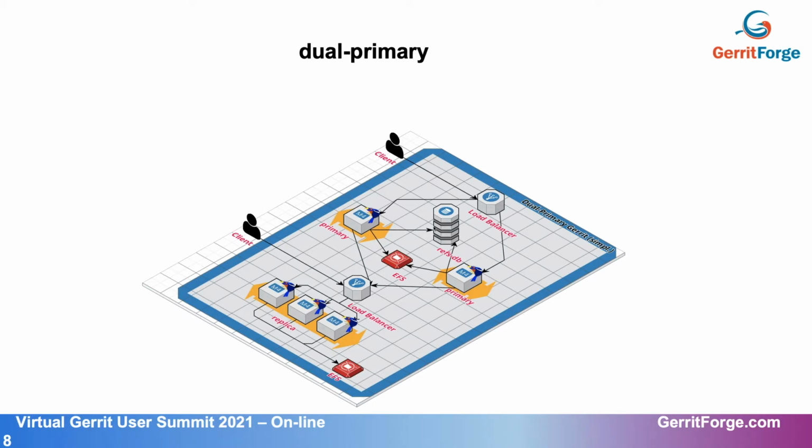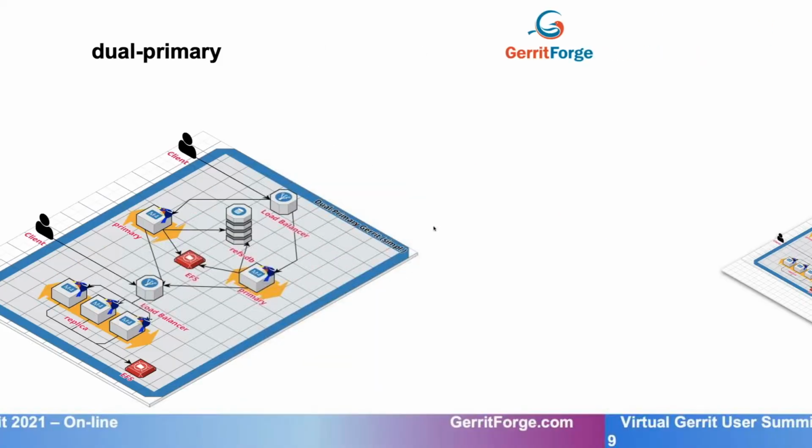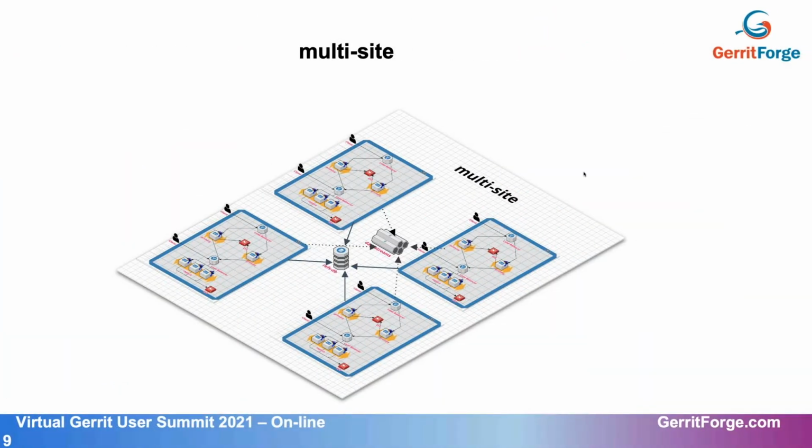So this is the most complex architectural package that we have, but you can get a little bit more complex than that by using it in a multi-site deployment. That deployment becomes one of the available sites, and you can deploy the highly available environment in multiple regions in AWS, and each one of those will act as a different site.